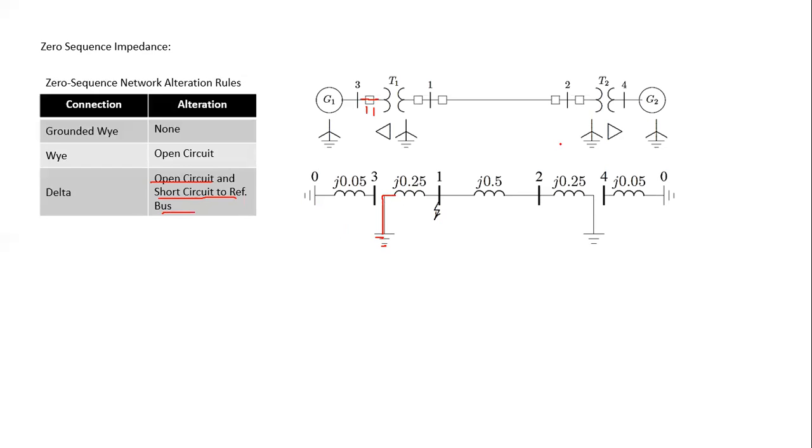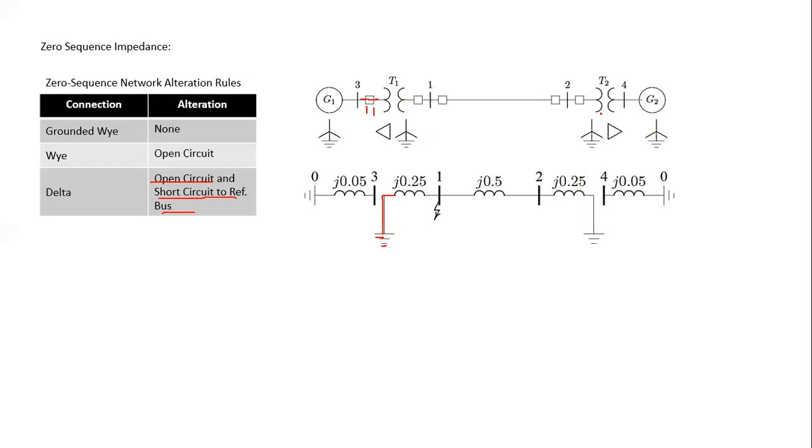And for T2, the same. For T1 first, the delta, we consider open circuit here and then short circuit to the reference bus. And for the secondary side, it is grounded Y, so there is no alteration. It is still connected to bus 1.